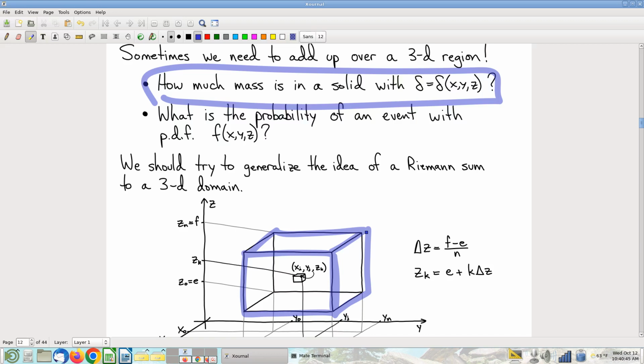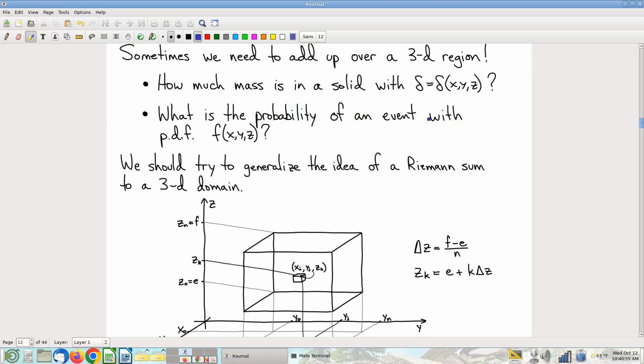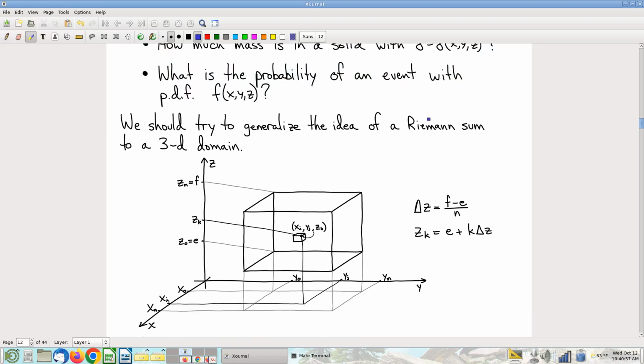How much total mass is inside of the box? Well, fundamentally, the mass is distributed over a solid, right? I can't just say, oh, well, we'll look at the shadow down here. It's tempting to try to make a double integral problem out of this. We'll look at this shadow.